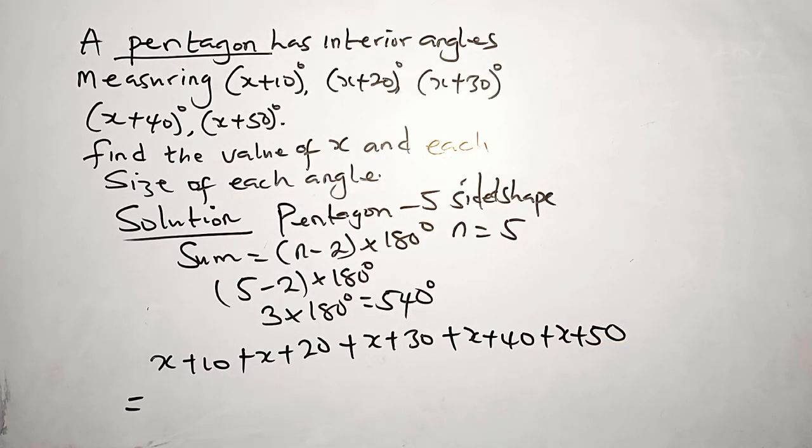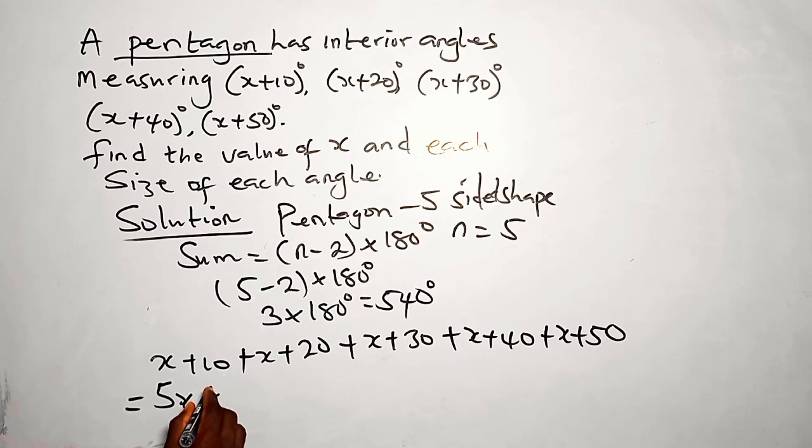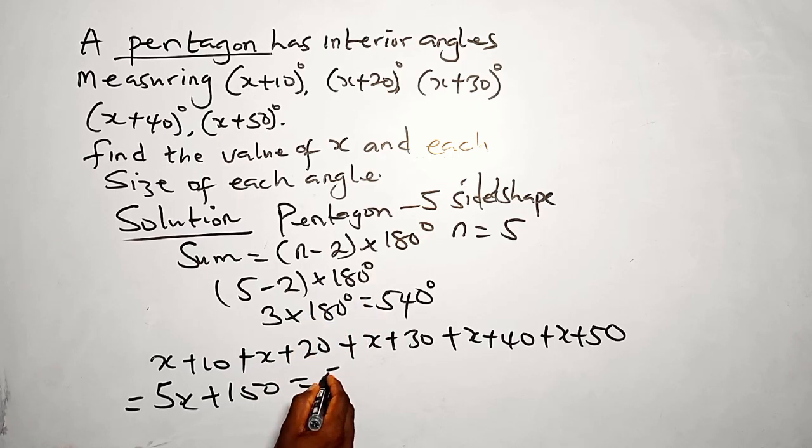We add up: x plus x is 2x, plus x is 3x, plus x is 4x, plus x is 5x. Then we add all the numbers: 10 plus 20 is 30, plus 30 is 60, plus 40 is 100, plus 50 is 150. So we equate it to 540.